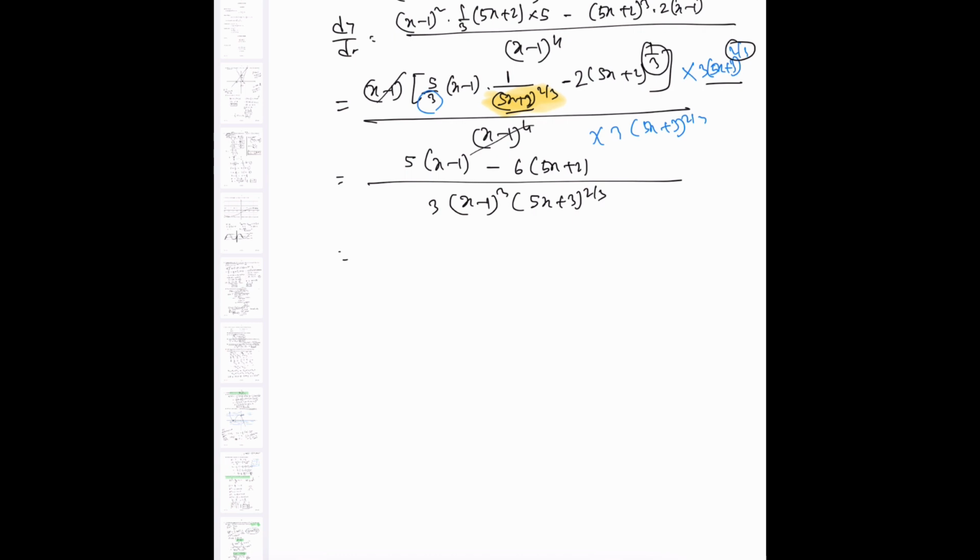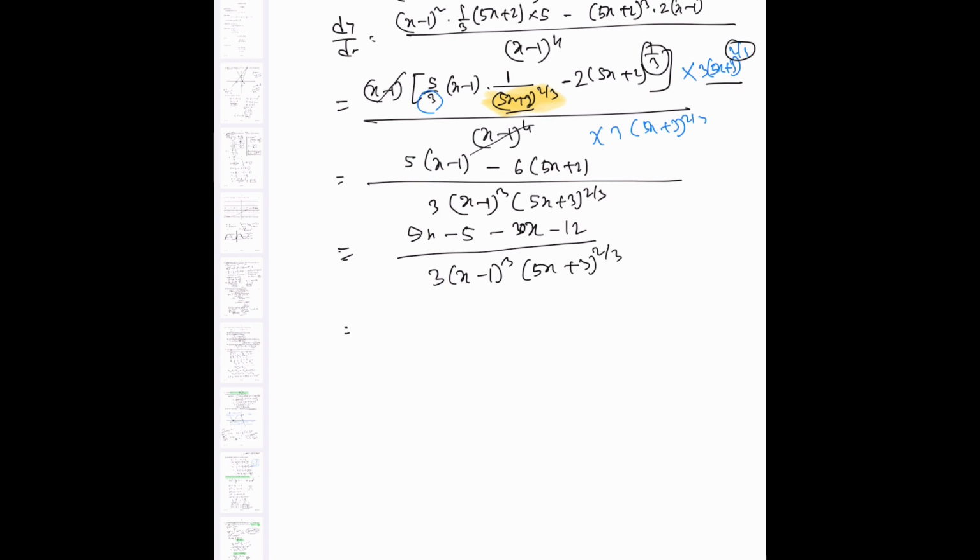Now I remove the bracket: 5x minus 5 minus 30x minus 12, divided by 3 (x minus 1) cube (5x plus 3) to the power 2 by 3.